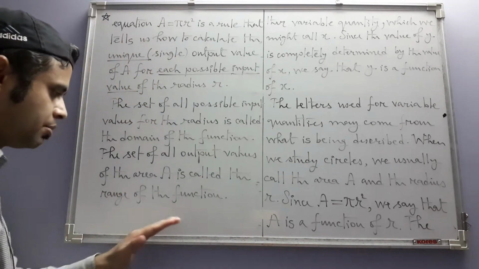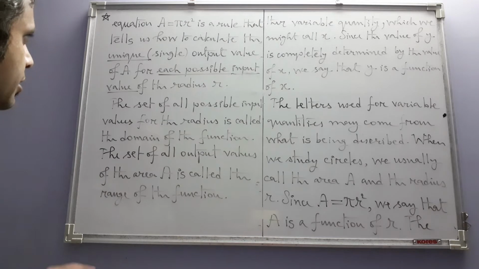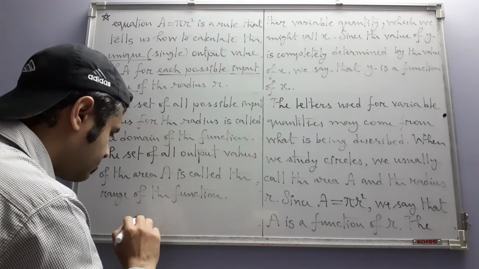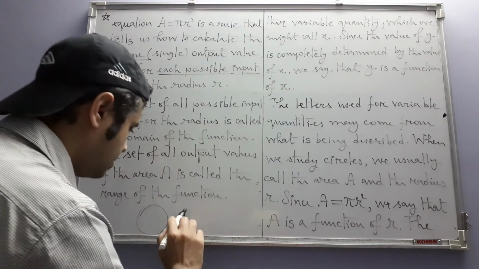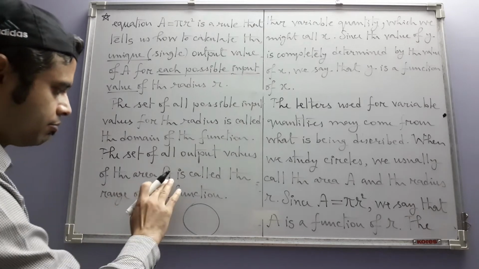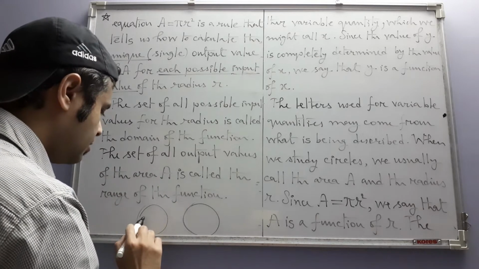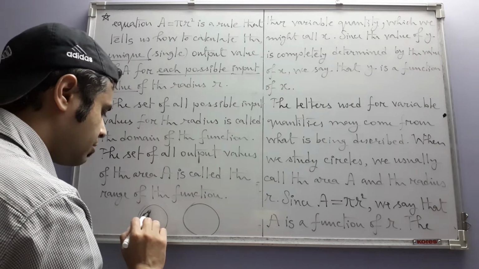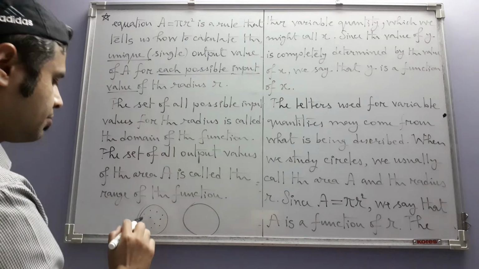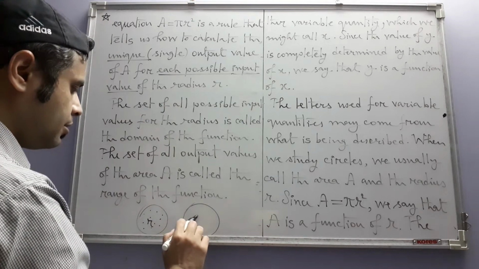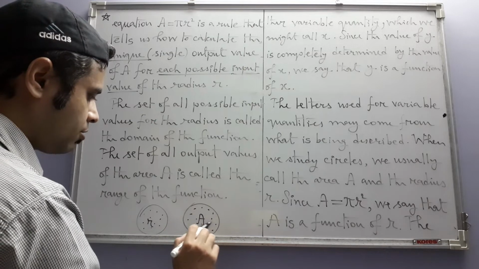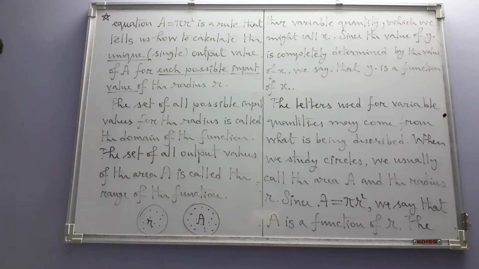Okay, before we go to the next paragraph, let us see one thing. Suppose you have the domain here and the range here. These are sets, right? We have said what they are. The domain is the set of all possible input values, for this particular example the radius, and the range is the set of all output values, that is all the possible values for the area.